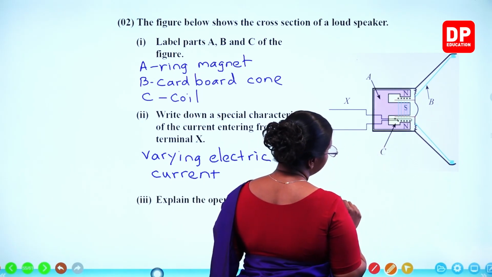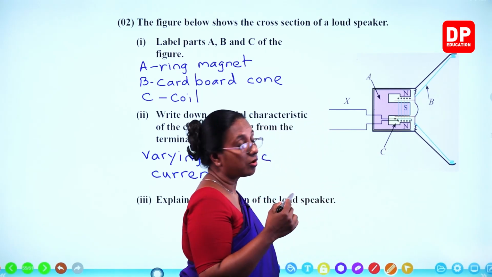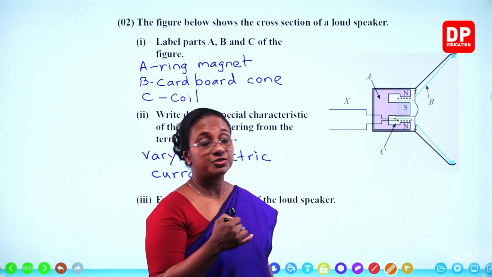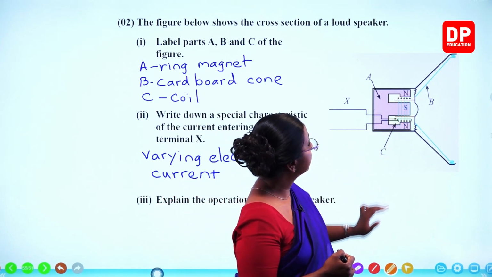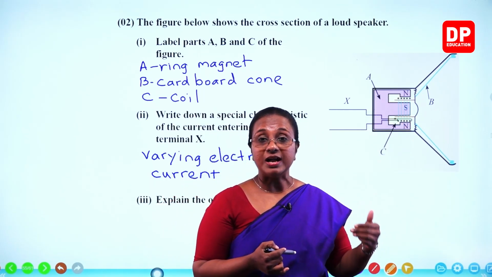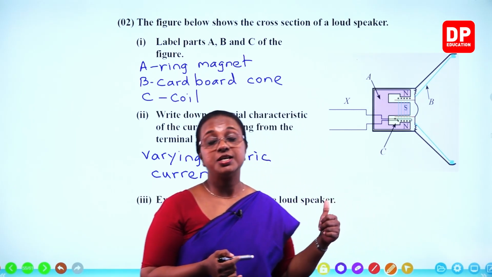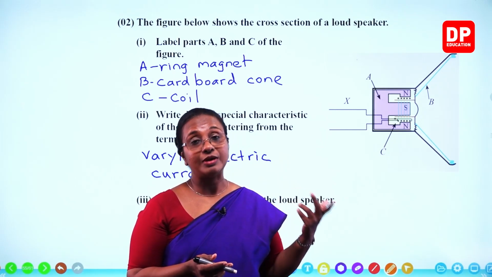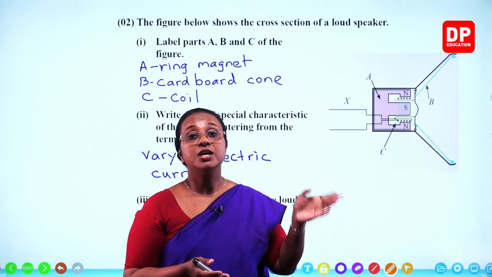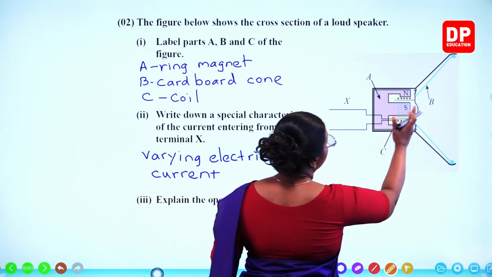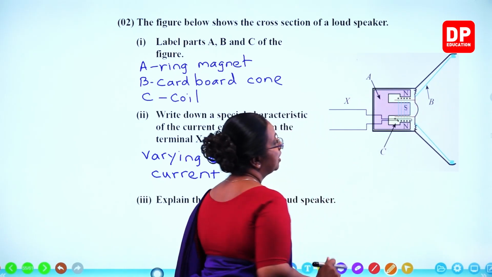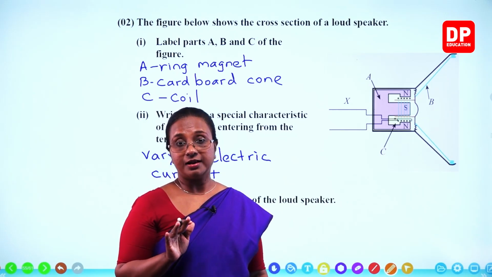And when the current flows through the coil that is placed across the magnetic field, here you can see the magnetic field, what happens? There is a force generated. And according to Fleming's left-hand rule, you can actually find out the force. You will see that the coil will move back and forth like that, depending on the current.